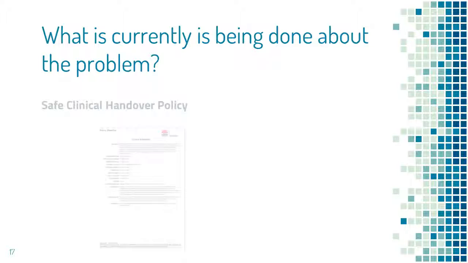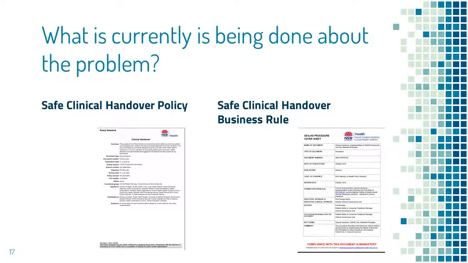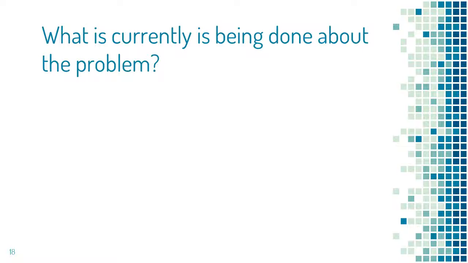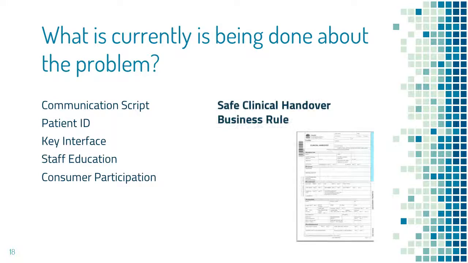New South Wales Health have also enforced business rules around safe clinical handover, which include more specific details and tools to further guide healthcare workers and clinicians on the structure and process, such as communication script, patient identification, key interface, staff education, and consumer participation.